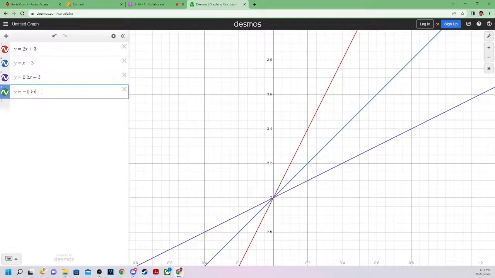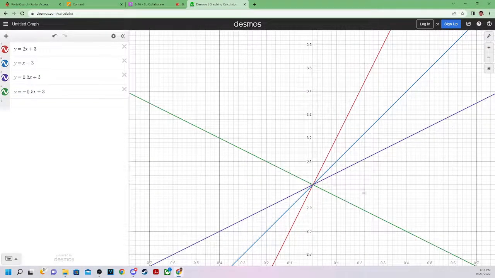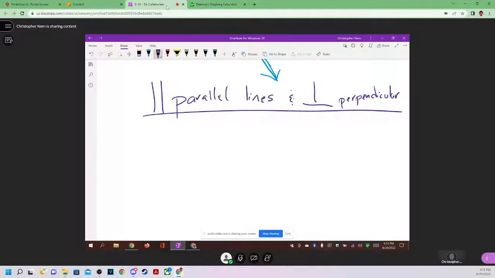What if I do negative 0.5 plus 3? That looks like it's about perpendicular, but what do you notice about 2 and the slope negative 0.5? Is there any relationship at all? When you see it as a decimal, there might not be a relationship. However, if you see it as a fraction, you'll see something good or something useful.